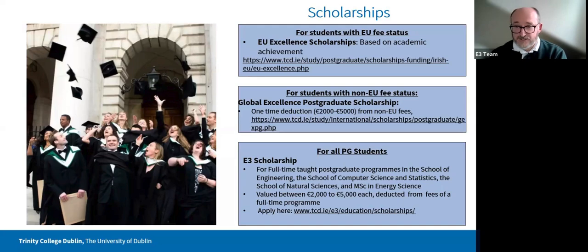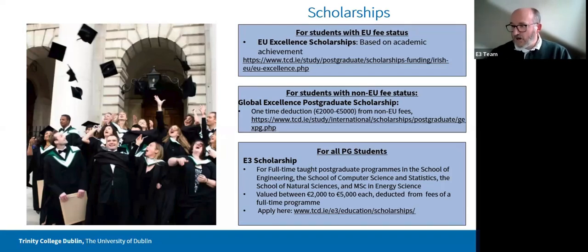But particularly for students that are interested in these courses today, I'd like to draw your attention to the E3 scholarship. It's available to all of the applicants for all three of these programs today, and the value of the scholarship varies between about 2,000 to 5,000 euros each. In comparison to other scholarships that will be available to everybody in the university, these are limited to students studying on the E3 programs.